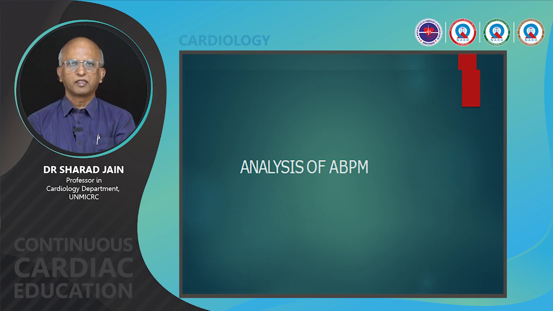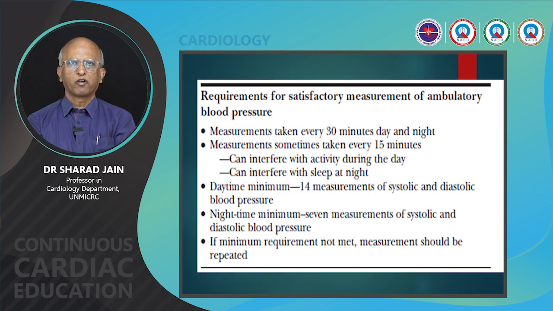So, coming to the analysis of ABPM, for satisfactory ambulatory BP measurement, readings should be taken every 30 minutes during the day and night. Measurement is sometimes taken every 15 minutes, but that is not required because it can interfere with the activity during the day and with the sleep at night.